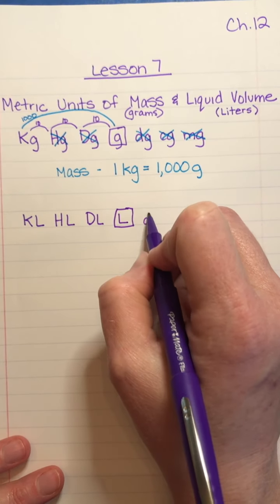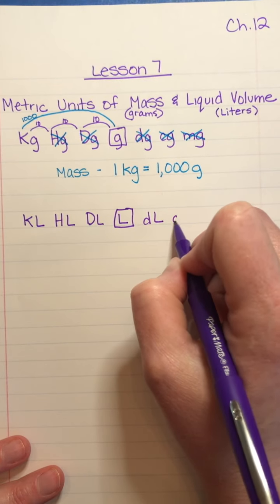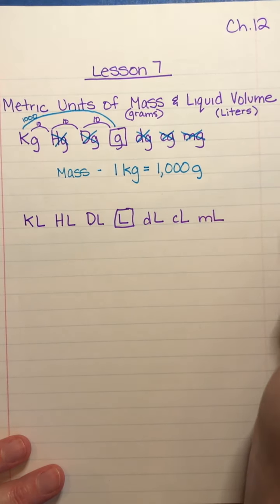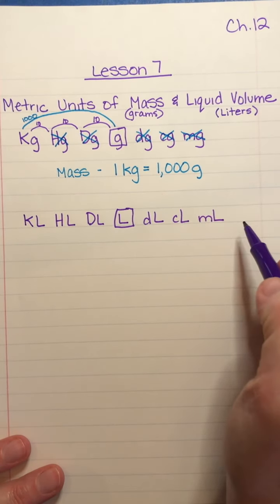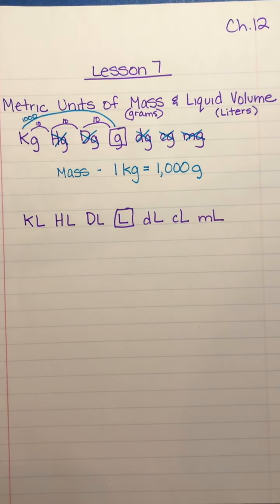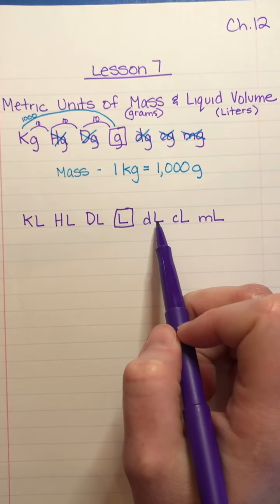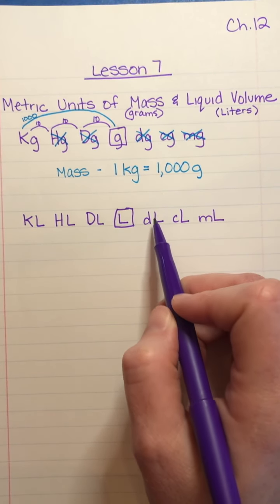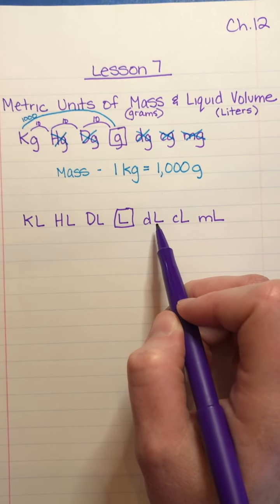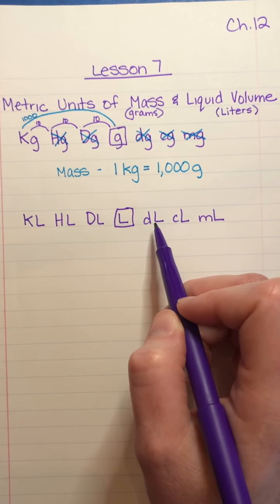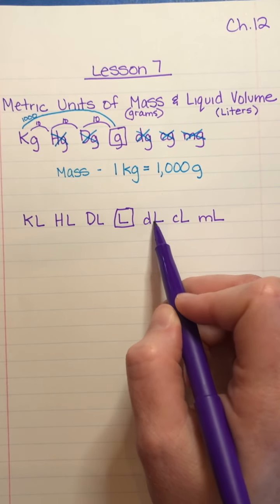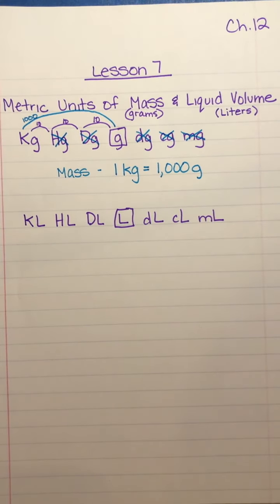We've got deciliter, centiliter, and milliliter. First of all, we use a capital L because if I used a lowercase l, in the world of math, that lowercase l also looks like the number 1. So to keep anyone from getting confused, anytime you use that letter, we're going to use a capital L.